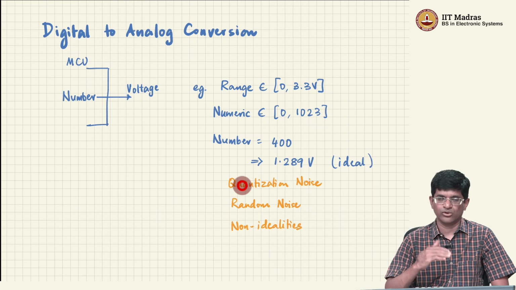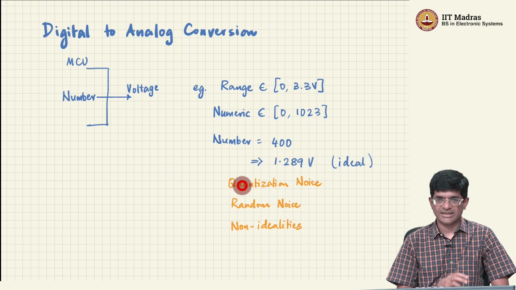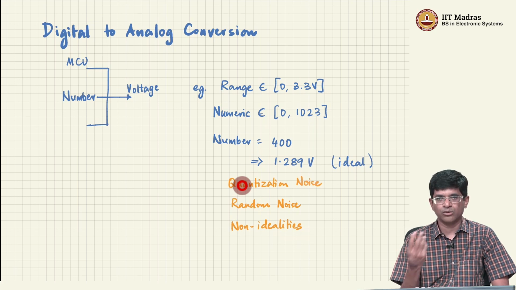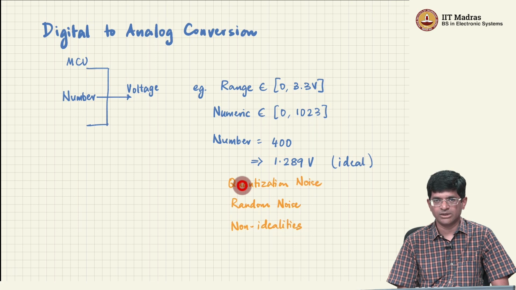Every time I give the number 400, it might give me a wrong value, off by a certain amount. That's more like a systematic deviation rather than noise, which is expected to be random. But the bottom line is, there can be scenarios where I would actually like to see this kind of behavior. I give it a number, I want to see a voltage that's related to that number.